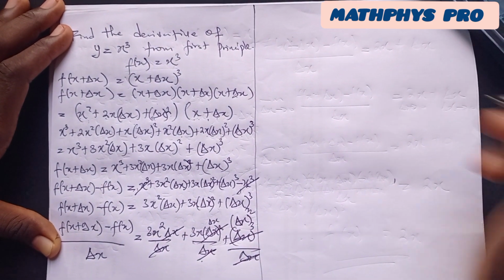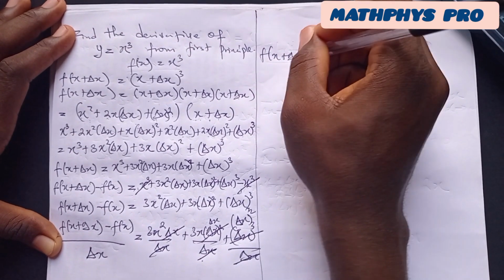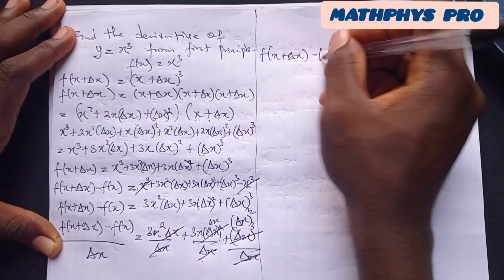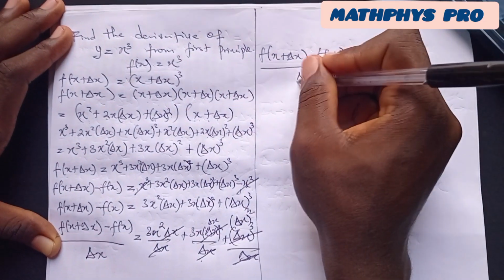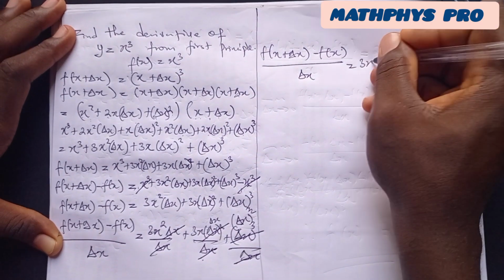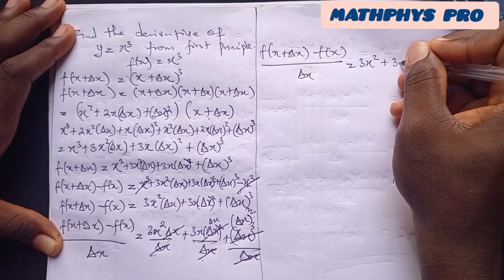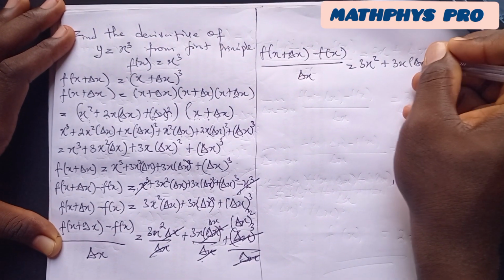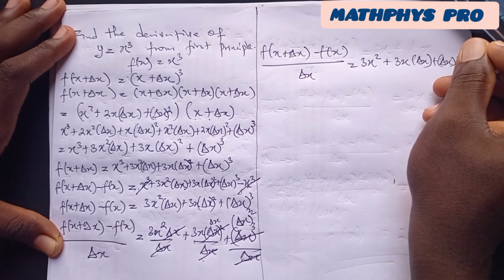So we can say that f of x plus change in x minus f of x, divided by change in x, is equal to 3x squared plus 3x change in x plus change in x squared.